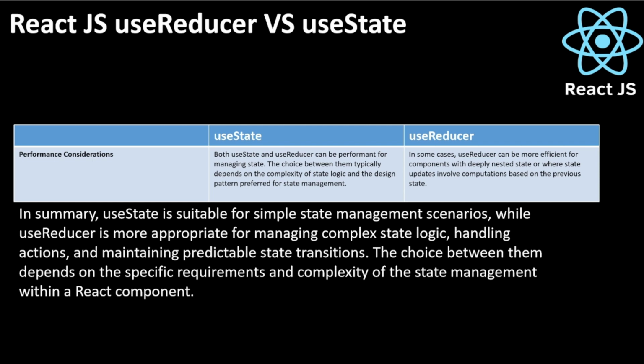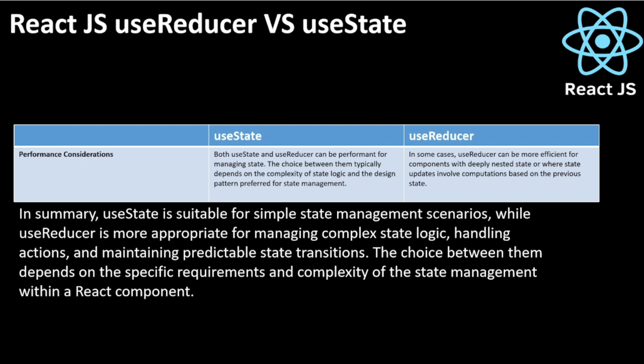Next, in some cases useReducer can be more efficient for components with deeply nested state, where state updates involve computations based on the previous state. In summary, useState is suitable for simple state management scenarios, while useReducer is more appropriate for managing complex state logic, handling actions, and maintaining predictable state transitions.